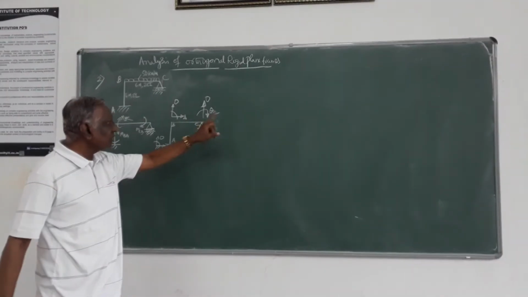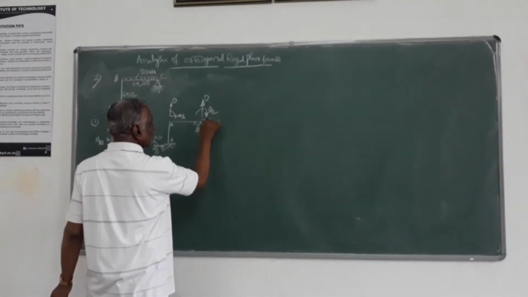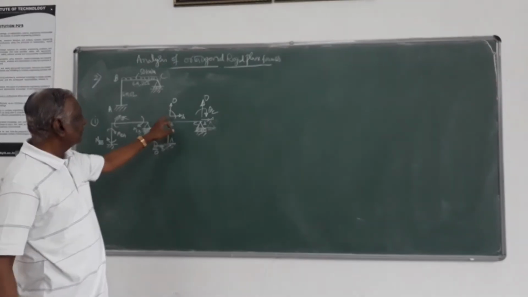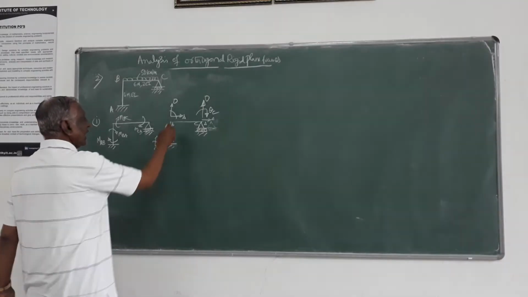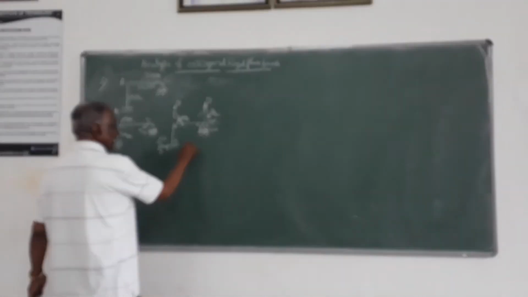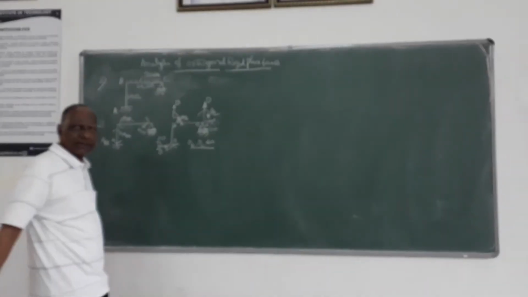So that horizontal displacement is possible. Here it is delta, there also it is delta. Vertical is not possible, and rotation, of course, is possible at continuous joints. So the unknown displacements are theta B, theta C, and delta.